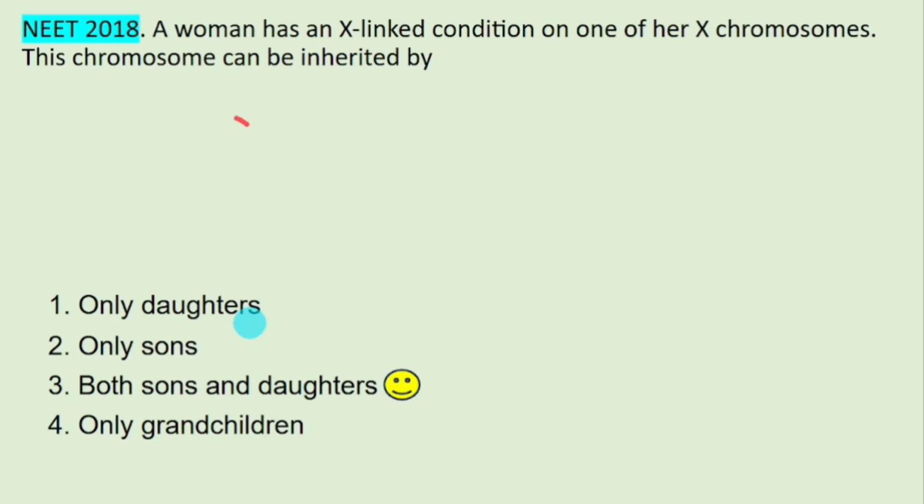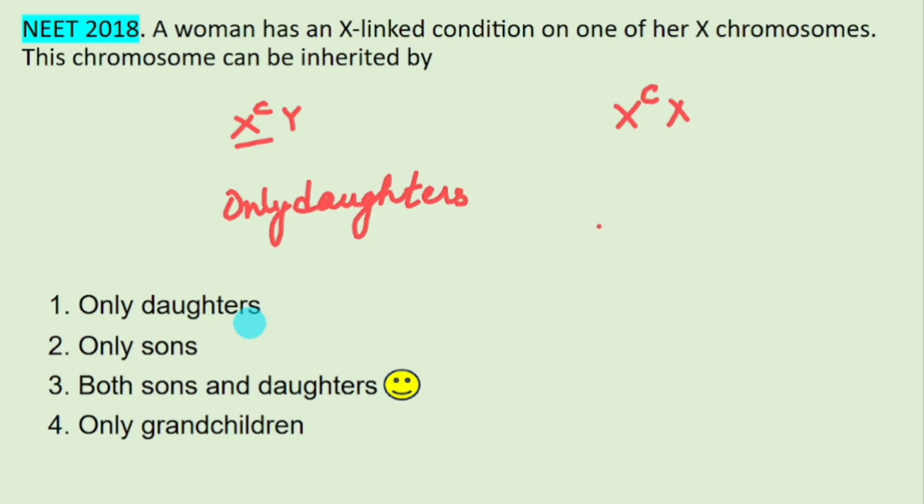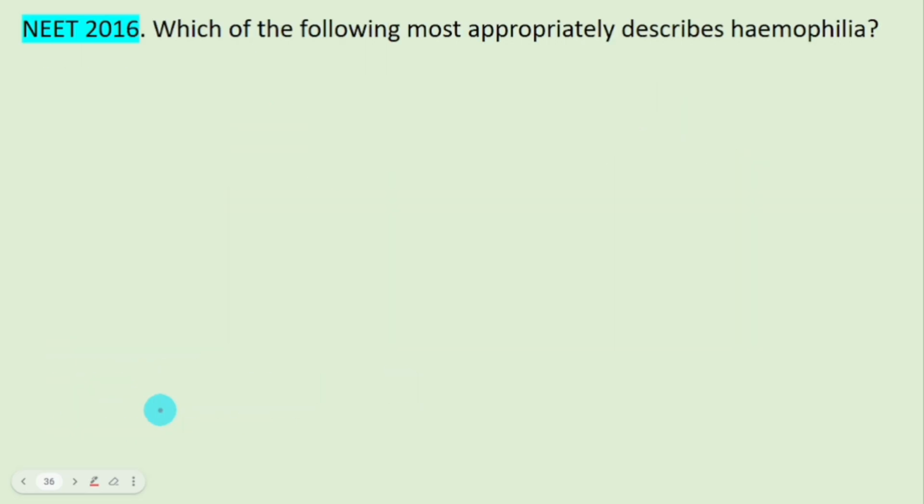So see, if the man is affected, he will transmit this X chromosome only to daughters, only daughters. But a woman with affected X chromosome can transmit it to her son as well as to daughter. Okay, both are possible. So this is the reason, this is the answer.